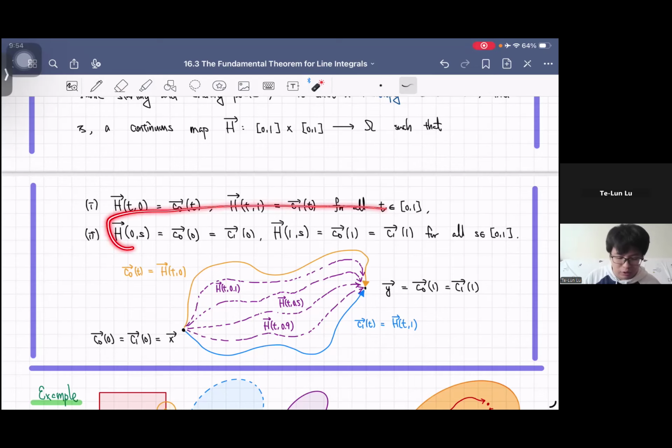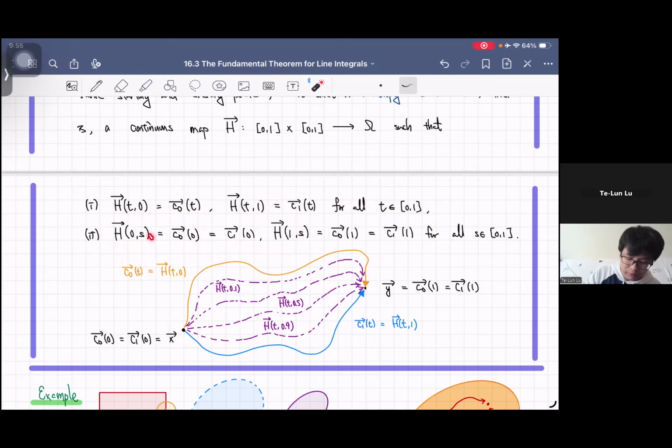And the second property is easier to understand. We have H(0,s) to be C0(0), or C1(0). Basically, that is saying that for any path, the starting point is always the same. It always is here. And similarly, the ending point is always the same. So fixing the first variable is saying some property that is general about all paths.